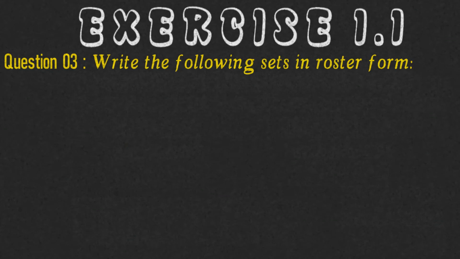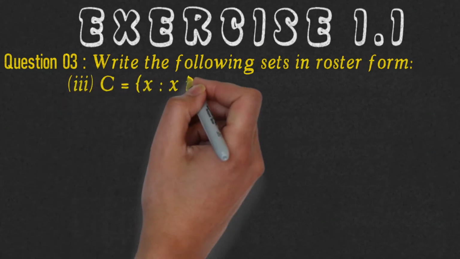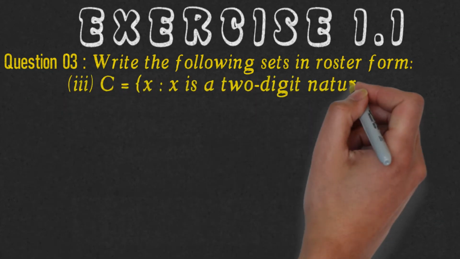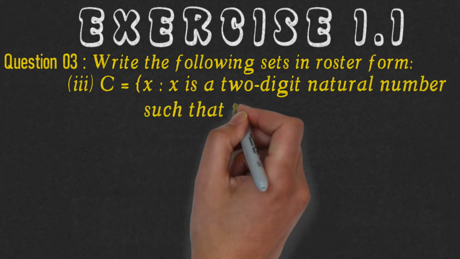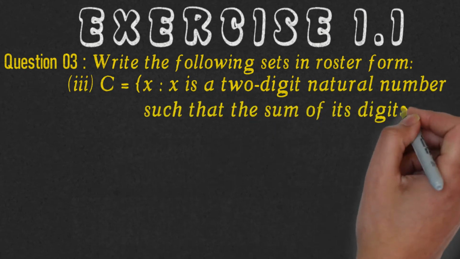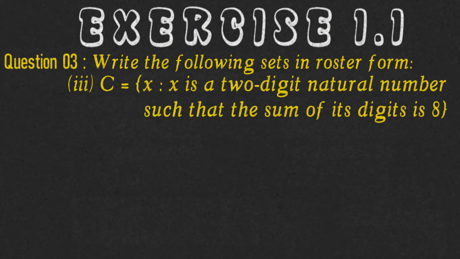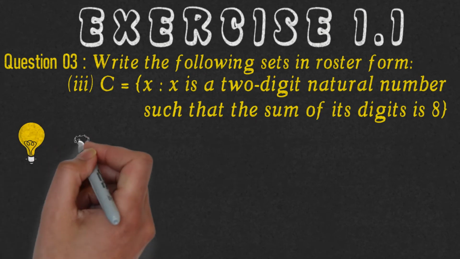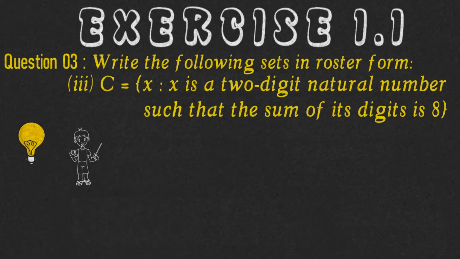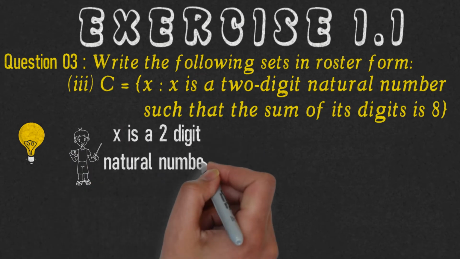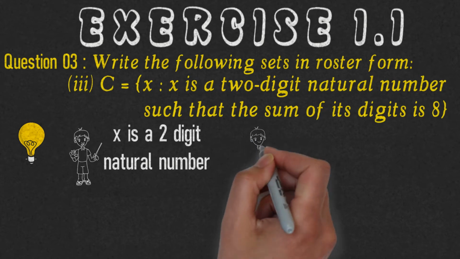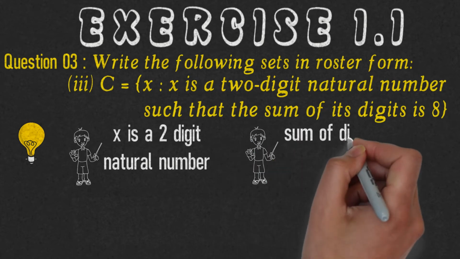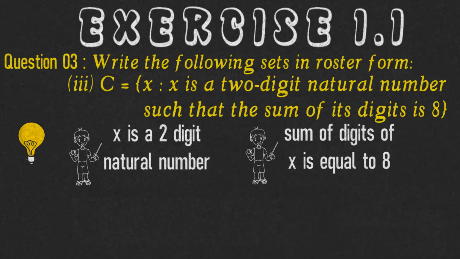Next is section 3 of question 3. C is equal to set of x such that x is a two-digit natural number such that the sum of its digits is 8. Solution. Here, there are two conditions mentioned in the given set. The first condition is x is a two-digit natural number, and the second condition is sum of digits of x is equal to 8.